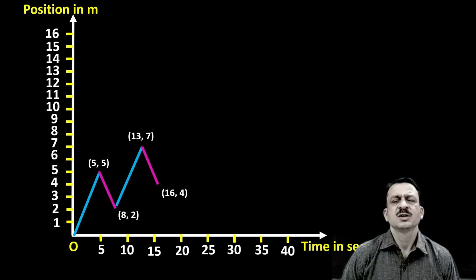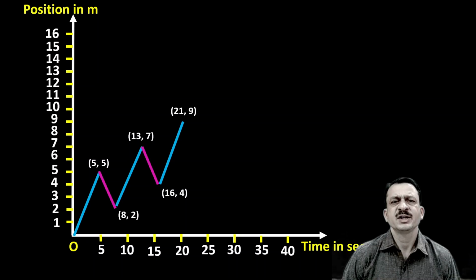The position coordinates are 13 plus 3, it is 16, and 7 minus 3, it is 4. Coordinates are (16, 4). In the same way we are calculating. Next he takes 5 steps forward in 5 seconds. Therefore 16 plus 5, it is 21, and the position is 4 plus 5, it is 9.